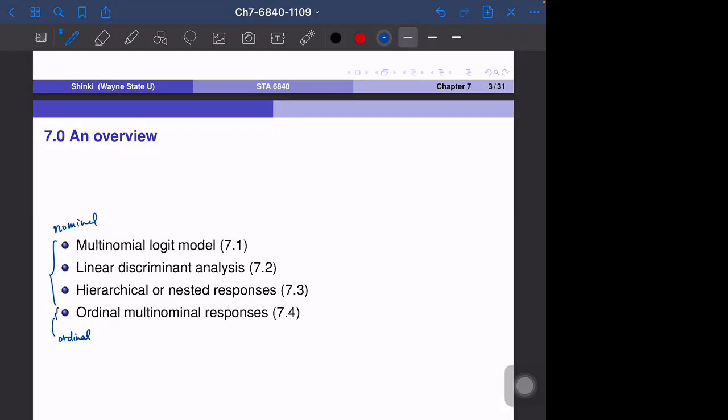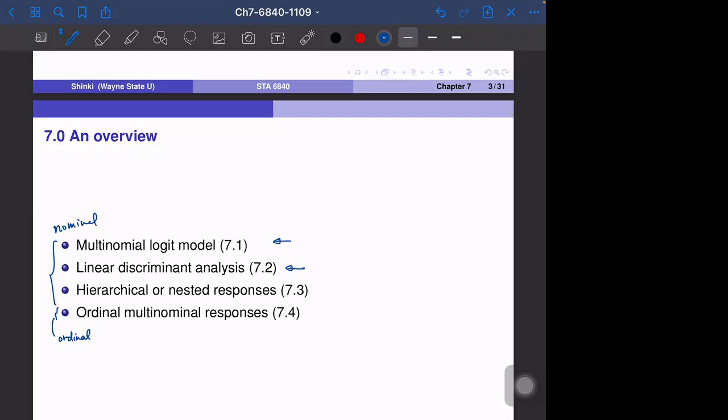The first one is the multinomial logit model, an extension of logistic regression. Then linear discriminant analysis, which is a little more basic thinking about categorization, and the hierarchical model.